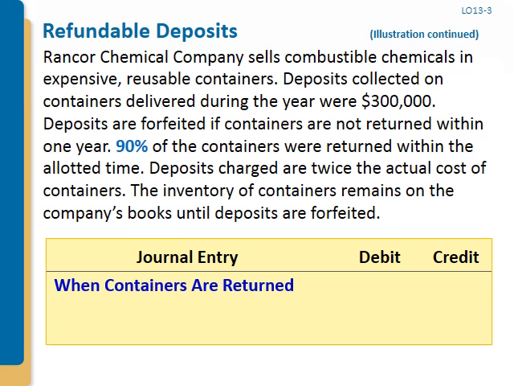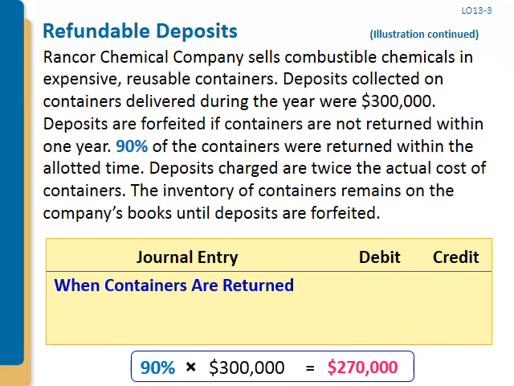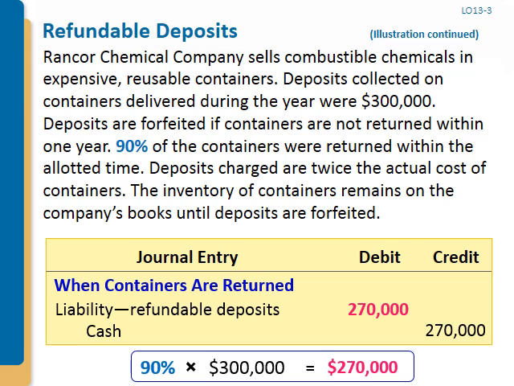When 90% of the containers are returned within the allotted time, the previously collected deposit amount is refunded. The liability recorded earlier for the refund is reduced by 90% of the refundable amount, which is $270,000. This is recorded as a debit to the liability account and a credit to cash for $270,000.